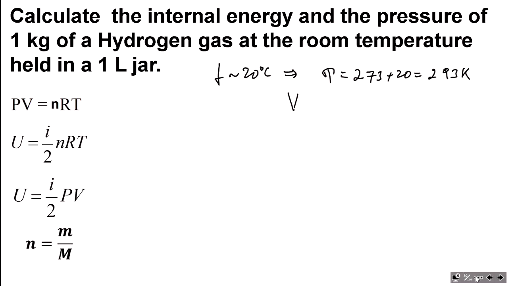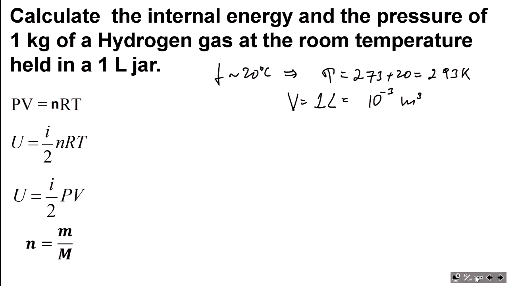The volume, 1 liter. In cubic meters? One thousandth of it. We can fit 1,000 liters in 1 cubic meter, so 10 to the negative third.